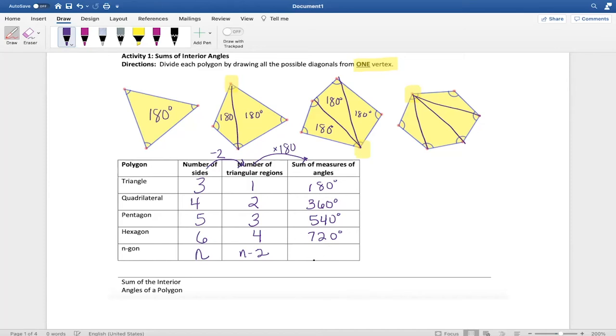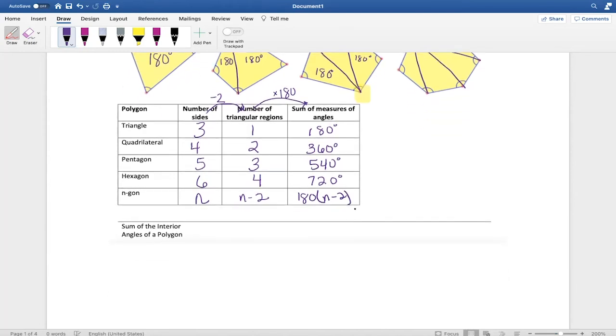So if I were to set that up as an expression, I could show that I'm doing 180 times my number of regions, my n minus 2. And there we have it. So for our sum of interior angles in a polygon, our formula is 180 times n minus 2.